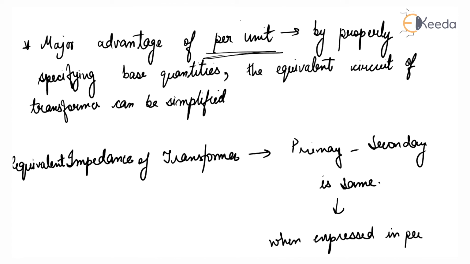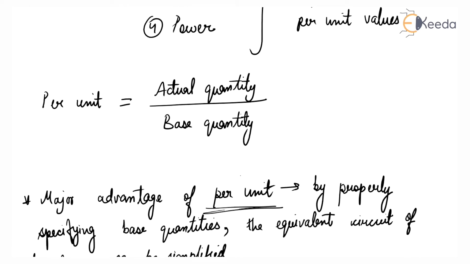Now I have told you that the per unit quantity is equal to the actual quantity upon the base value of the quantity. Suppose this is equation number 1.